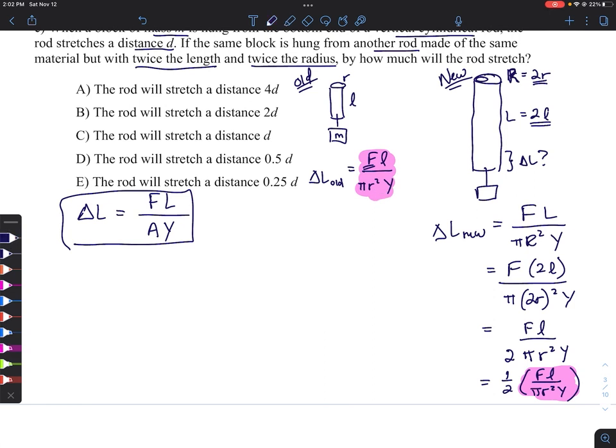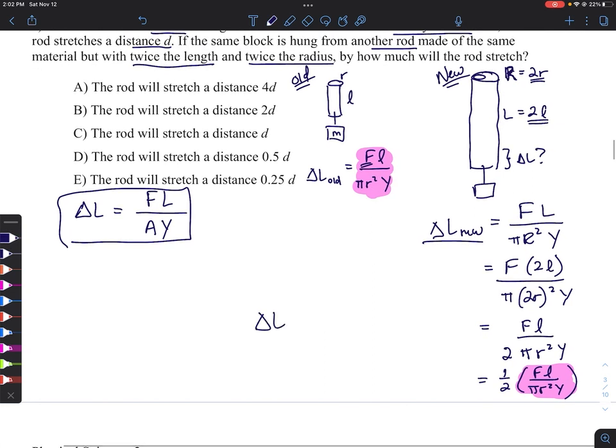So that means that our delta L new is equal to half of delta L old. So delta L new is shorter than delta L old by a factor of 2. So the rod will stretch a distance half d.